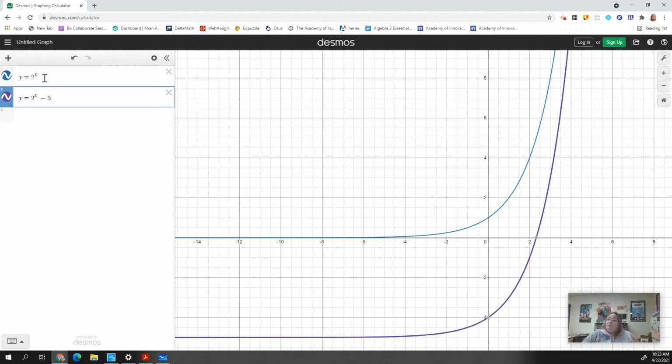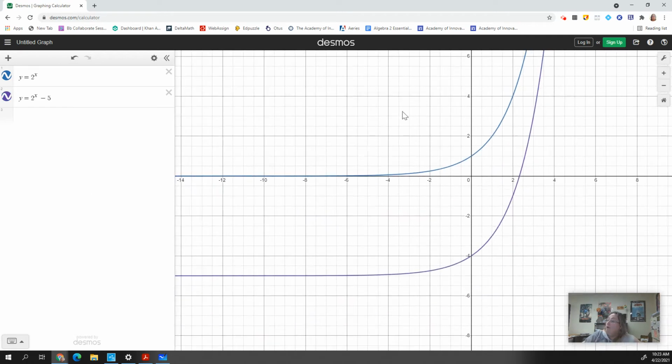So if I go 2 to the x, this is our original function that we've been dealing with, right? It's the one we did in the example the other day. I redid it earlier. We just added 5 to the x earlier. Now we're subtracting 5. And notice what it does is it drops everything down 5 points. But this is going to drastically change some of those problems that we had.